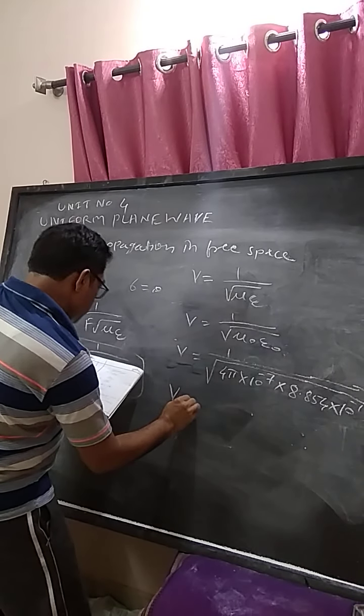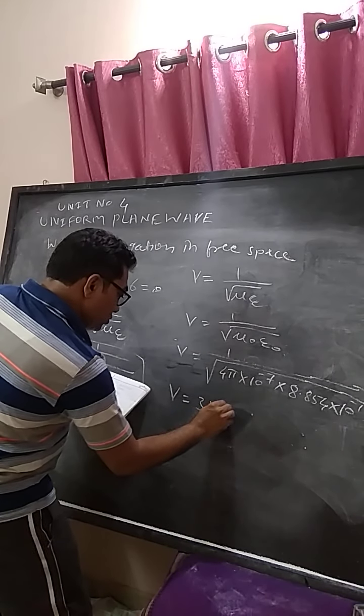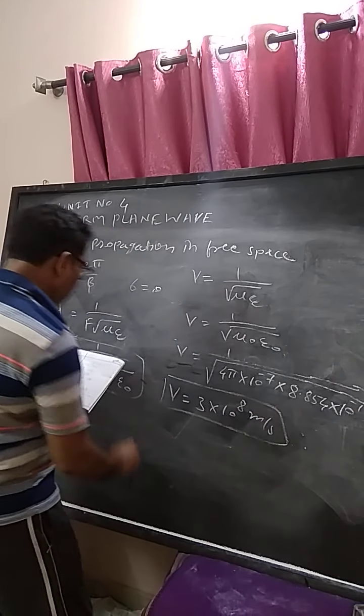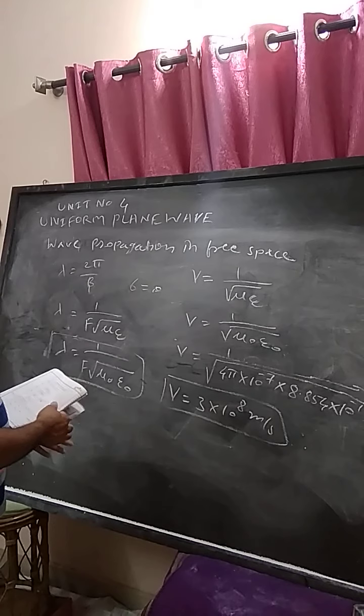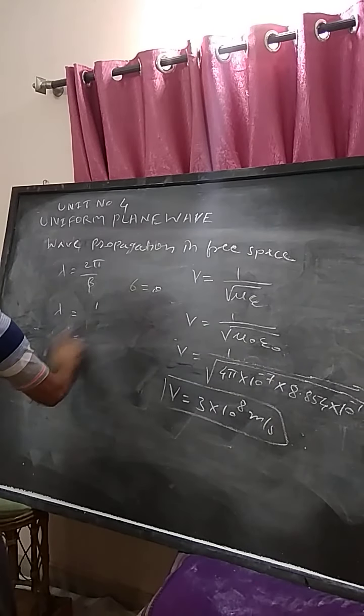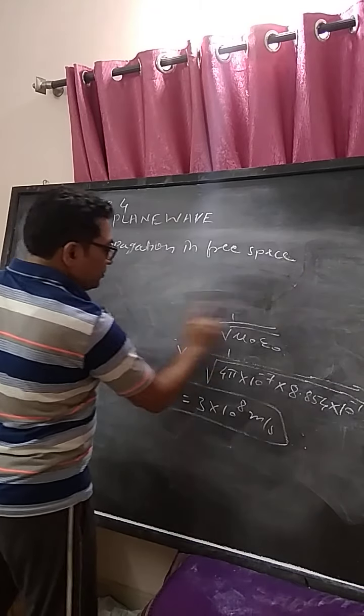So the velocity is 3 into 10 raised to power 8 meter per second, which is the velocity of light.